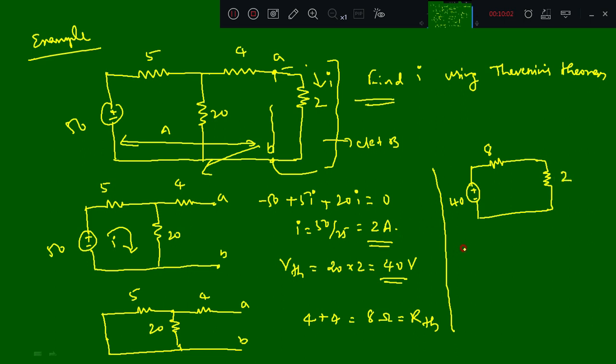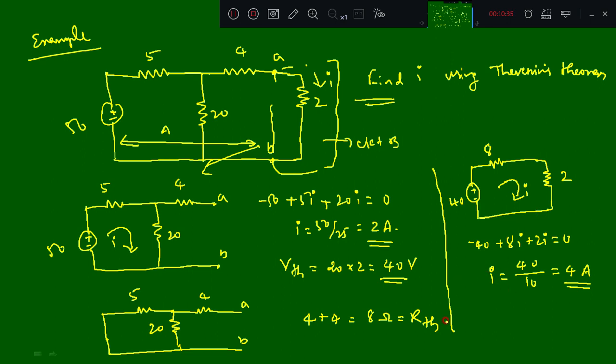Again apply KVL, taking the current as I: minus 40 plus 8I plus 2I equal to 0. So I is 40 divided by 10, which is 4 amperes. This is the I which flows through the 2 ohm resistance.